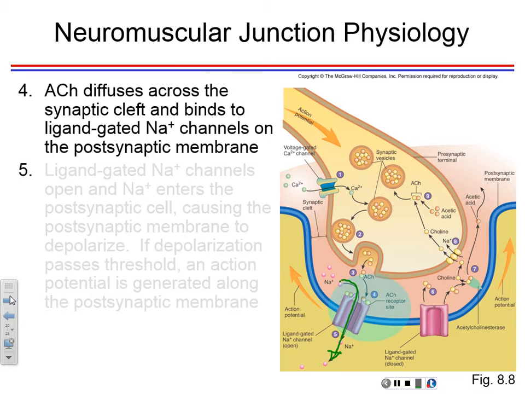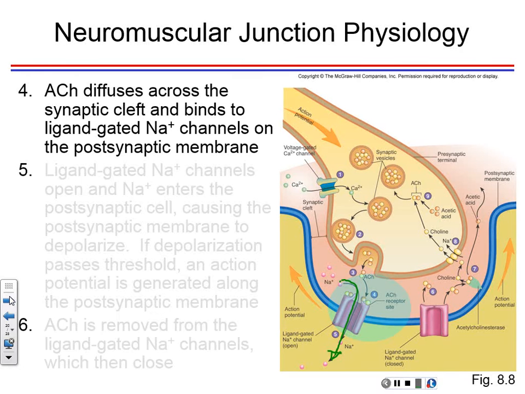Once we get to minus 55, then the voltage-gated channels take over, because they're sensitive to minus 55. It will open up a whole bunch of voltage-gated sodium channels. Then we will close up those ligand-gated channels, and I'm going to show you later on. We will break down the acetylcholine and recycle it. Okay, so that's that.